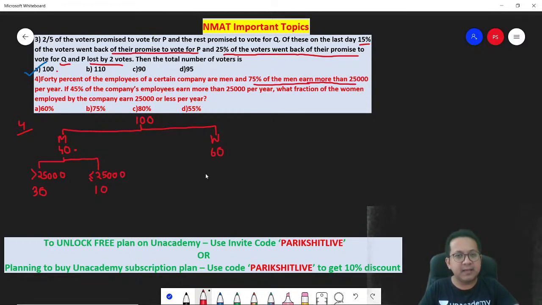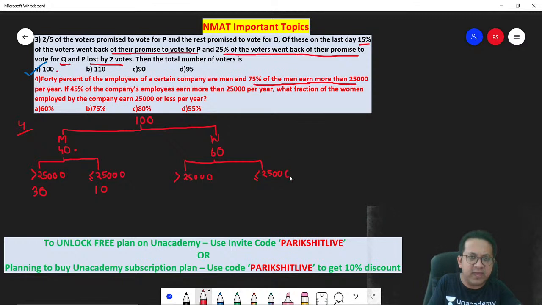Correct? Next, let's talk about the women. Women also have the same classification: greater than 25,000 and less than or equal to 25,000. Now they say if 45% of the company's employees earn more than 25,000, I have assumed the total number to be 100.